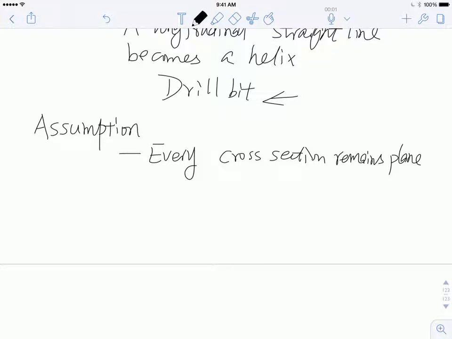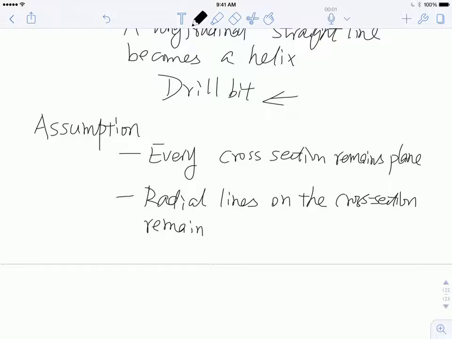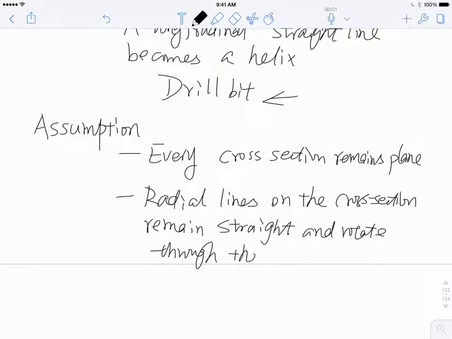Also, an important assumption: these radial lines on the cross section remain straight and rotate through the same angle.